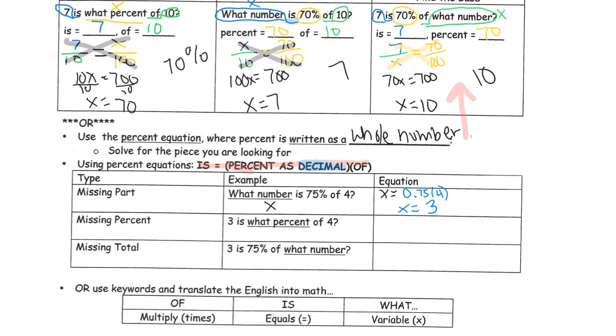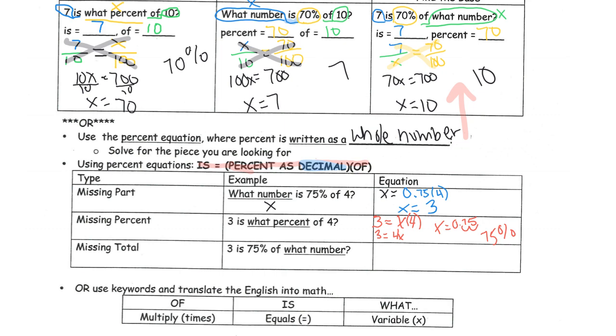Same thing here. 3 is our is. What percent? We're trying to find the percent of 4. So now we have 3 equals 4x, which x is equal to 0.75. But it's a percent, so we have to make it a percent by moving 2 over. So we get 75%.